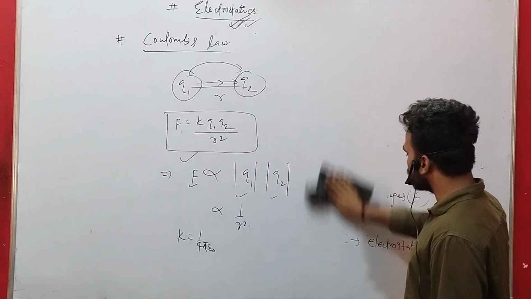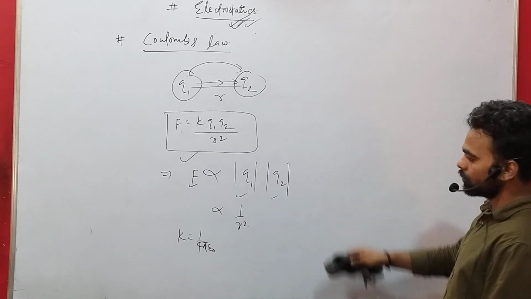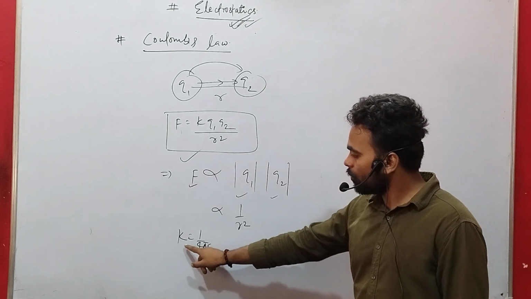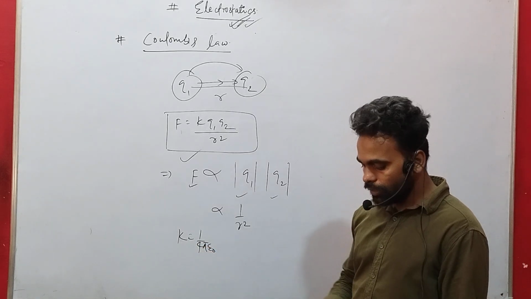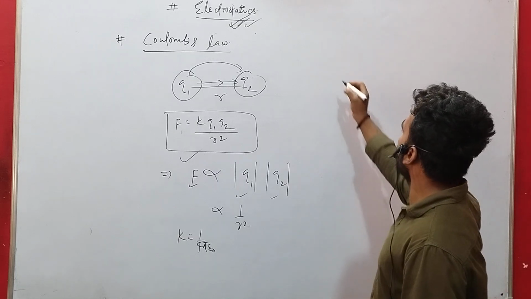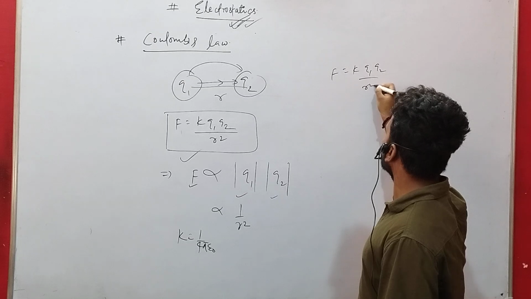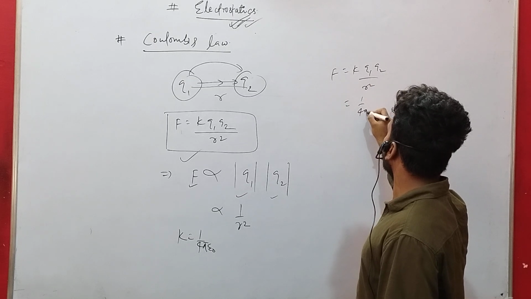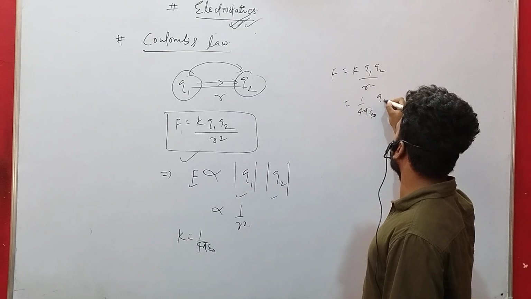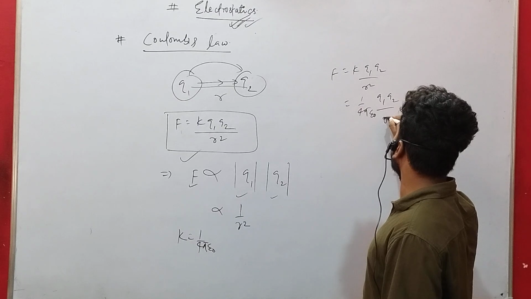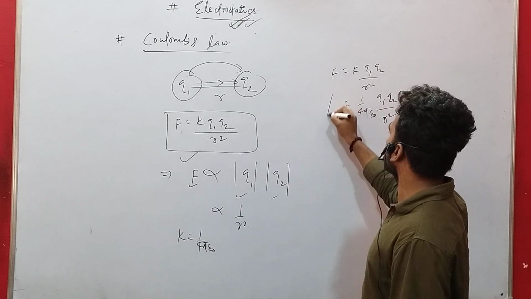Now, a small variation in the formula. If we put the value of K, the formula F equal to K Q1 Q2 by R square becomes F equal to 1 by 4 pi epsilon naught Q1 Q2 by R square.